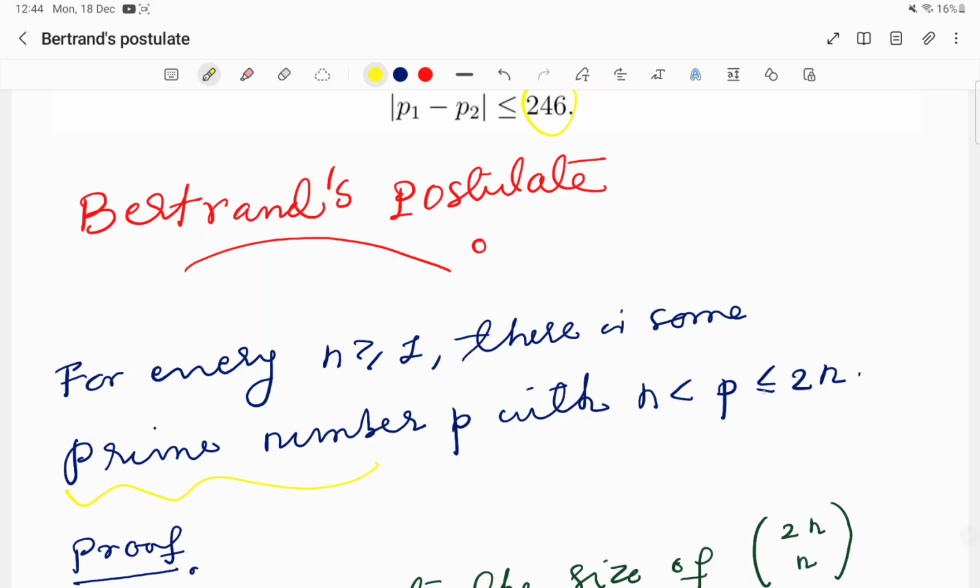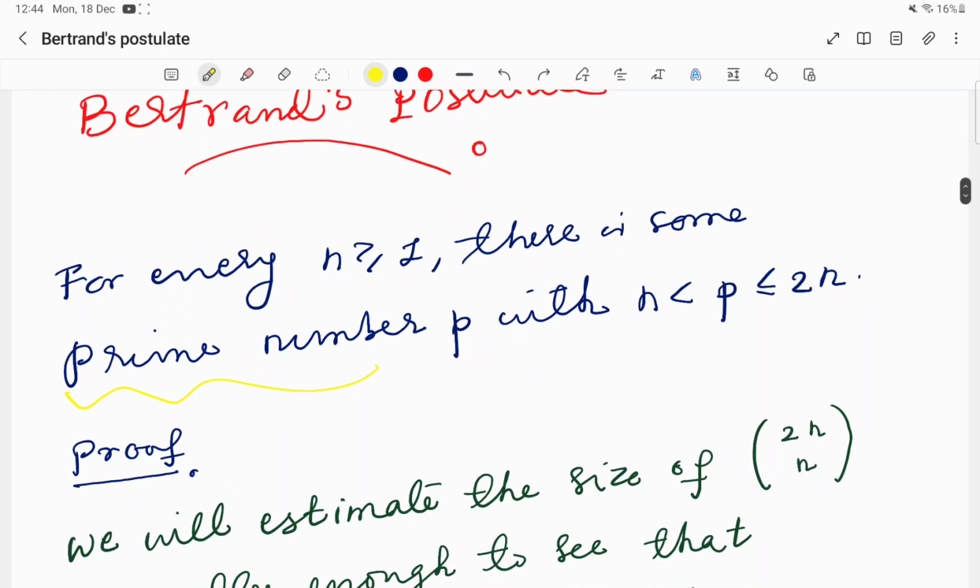This equality is only for n equal to 1, because for n strictly greater than 1 the equality can be avoided. Since we admit n greater than or equal to 1, we can say p less than or equal to 2n. So there is a prime between n and 2n. This is the statement of Bertrand's postulate.